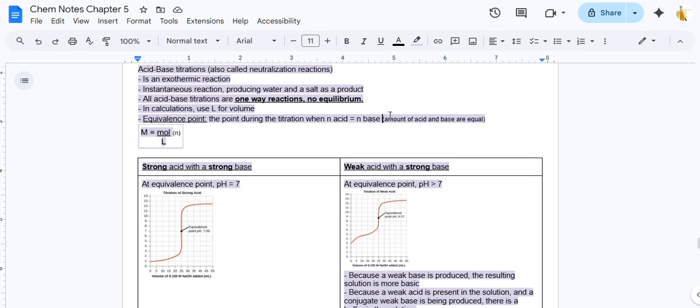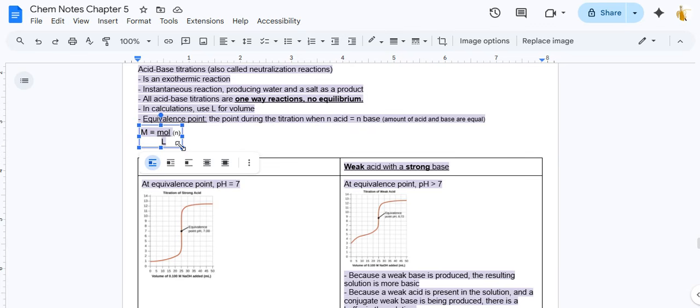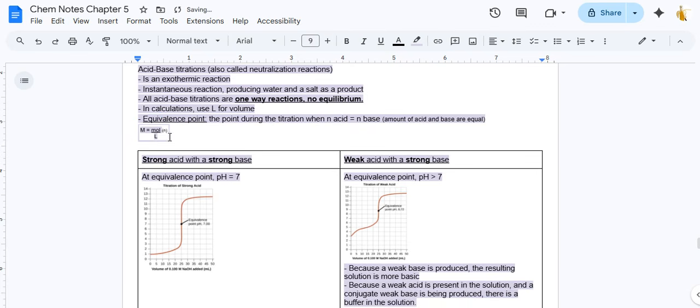So it's the point when the amounts of acid and base are equal. And remember to keep this formula in mind, where n just stands for moles.